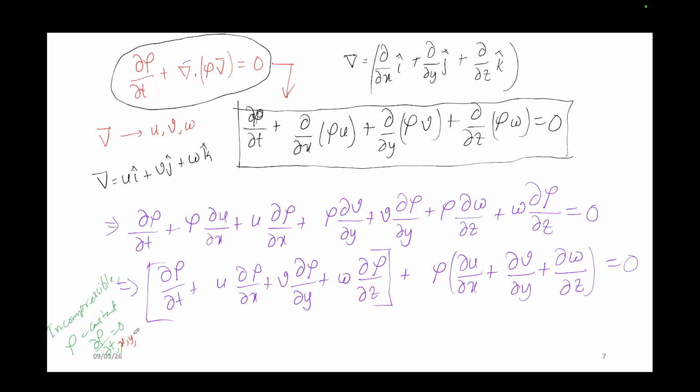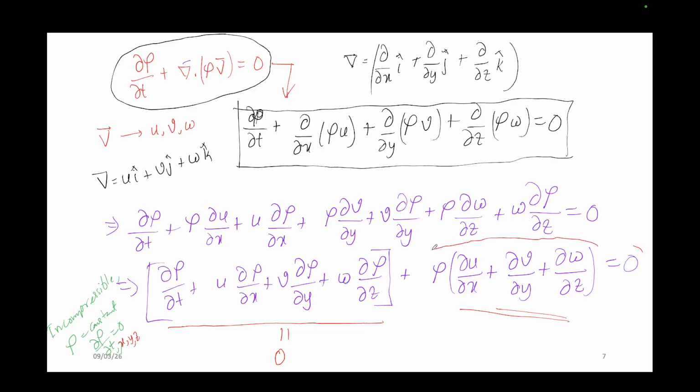x, y, z, whatever derivative you take of this rho, you will get 0. So that means for incompressible fluids, this whole term should be 0, right? So this part is quite essential.